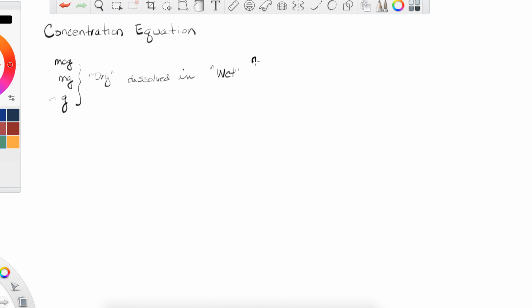And that is going to be measured in milliliters or liters. And typically it's going to be in milliliters. So since the dry is dissolved in the wet, we write it as a fraction, dry divided by the wet. This is how I think about it. That equals the concentration of a drug.